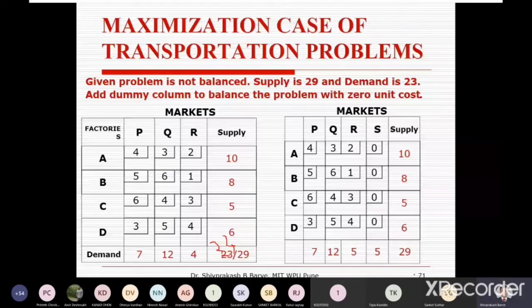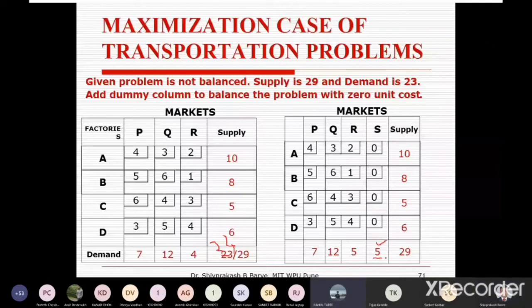So this is an unbalanced problem. The first step is that we have to balance this problem. Here, for the market, the demand is 5 tons less as compared to supply. Supply is 29 tons and demand is 24 tons. So we have to add one more column which is having 5 tons extra demand.